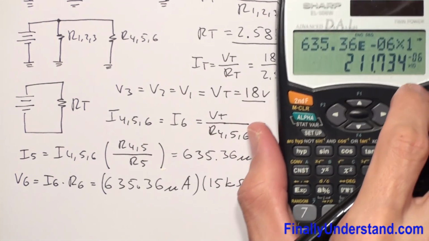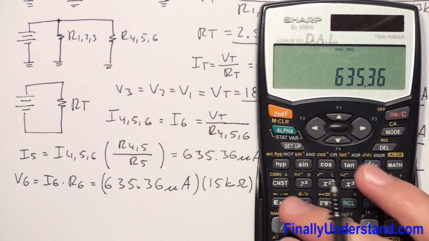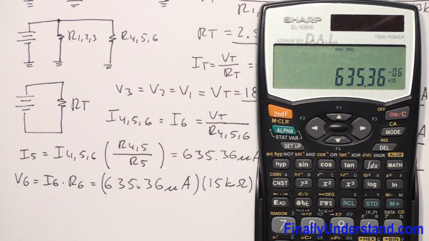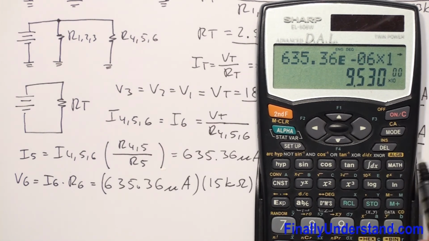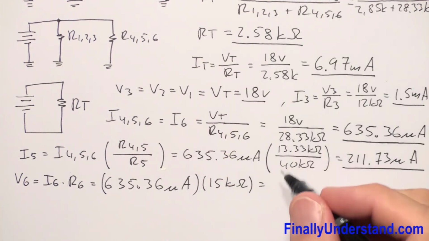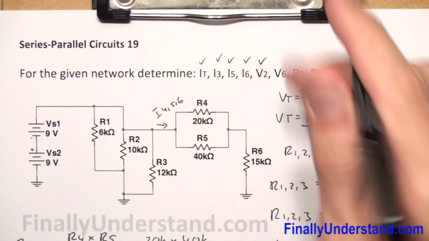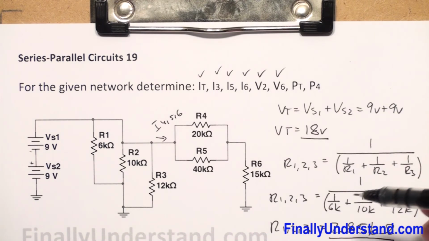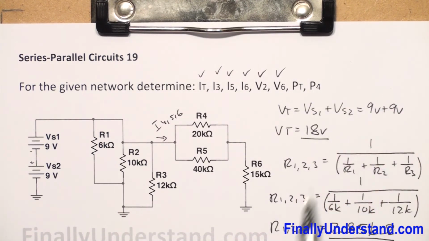So we have 635.36 exponent negative 6 times 15 exponent 3. This is equal to 9.53 volts, and this is the voltage across resistor R6. It's my V6.